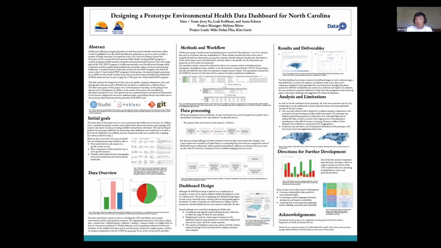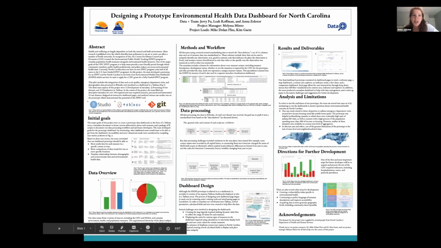Okay, so thank you all for coming to listen. We are Group 16, and we have been working this summer on designing a prototype environmental health data dashboard for North Carolina. The Centers for Disease Control and Prevention has a national environmental public health tracking network that has a goal to allow users to understand and visualize the connections between health data, environmental data, and population and demographic data.